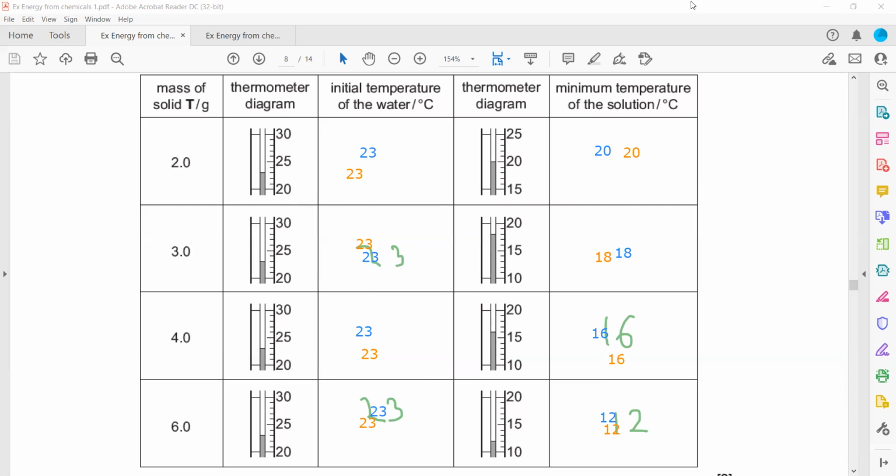So these are the values for initial and minimum temperature.